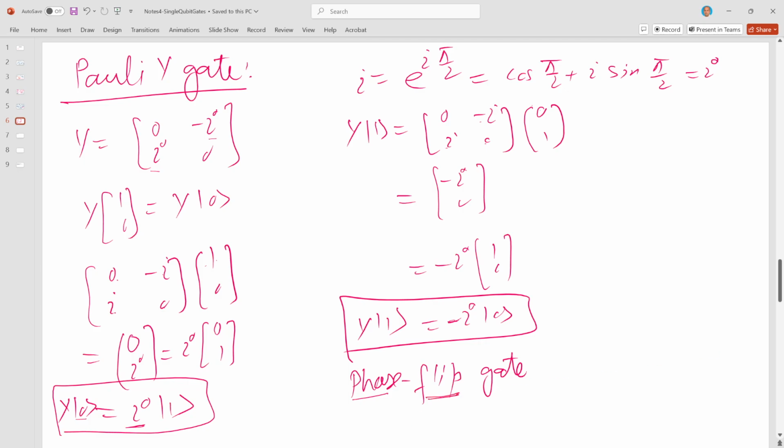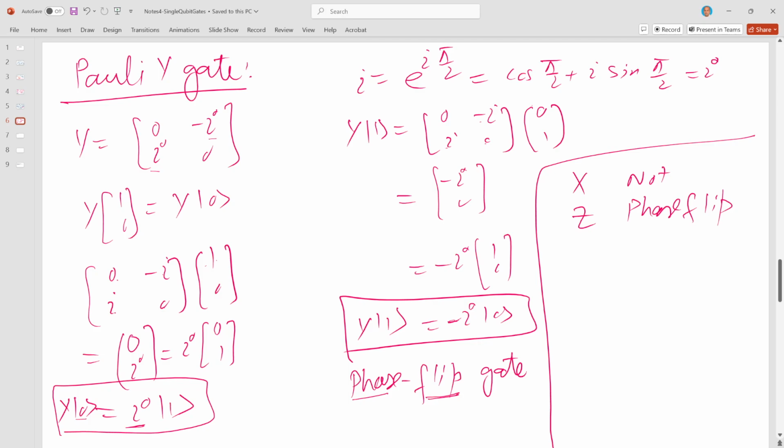So let me just give a summary, because these names we'll be using again and again, so it's better to have a nomenclature. So X is a NOT gate or state flip gate, Z is a phase gate or a phase flip gate actually, and then Y is the one that flips the state and phase.